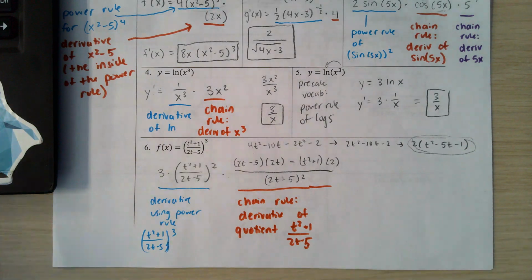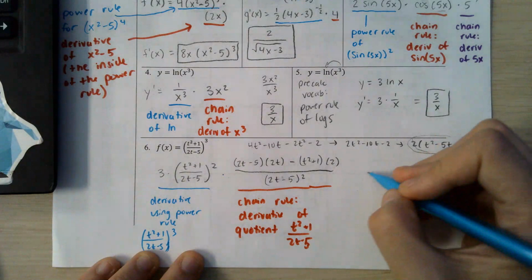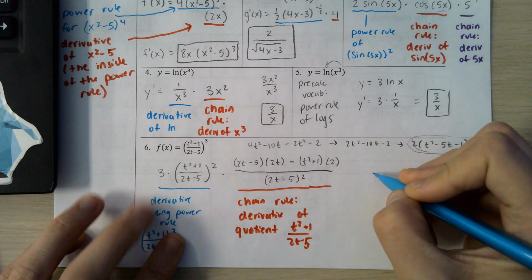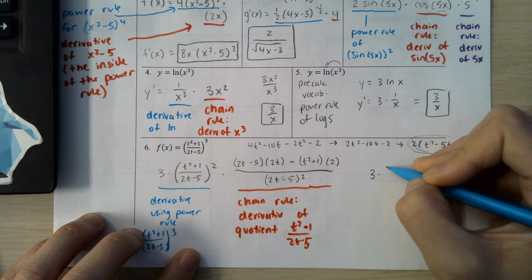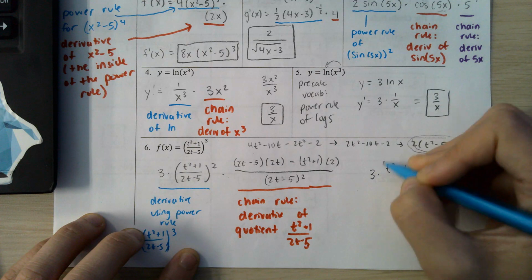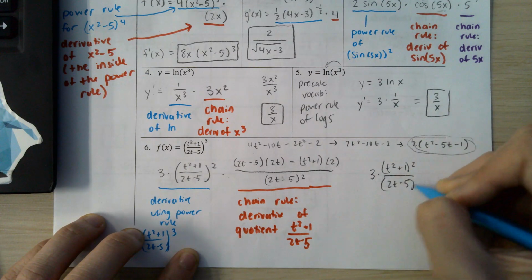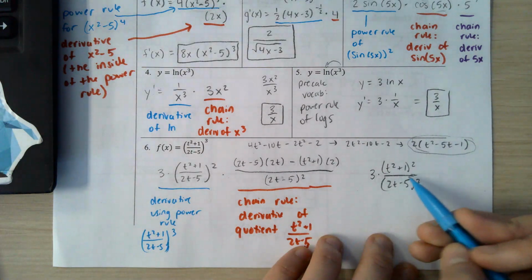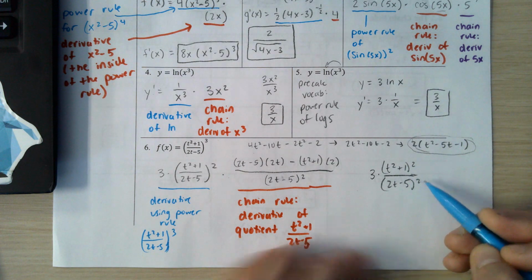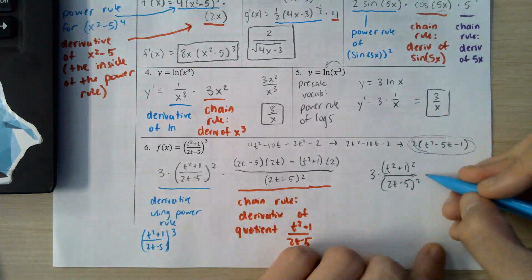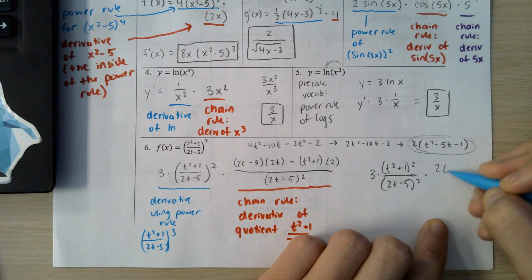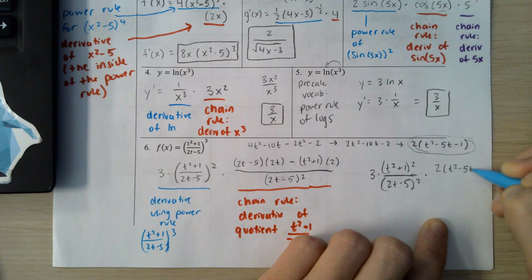And then to put it all together, so this is the blue part, 3 times t squared plus 1 squared, 2t minus 5 squared. So I sort of separated it into the numerator and denominator, but they're both squared, like in the original. And then our red part is 2t squared minus 5t minus 1.